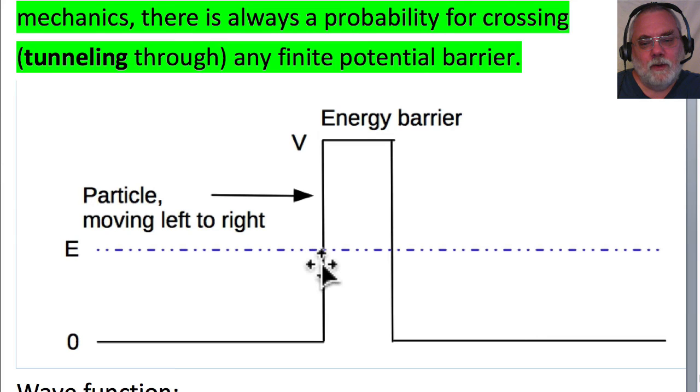And within the barrier, the energy of the particle is lower than the potential energy, and so classically the particle would not be able to be there, but quantum mechanically it can be there. And then we're not quite sure what would happen on the right. If the particle could be on the right, it would again be a free particle, and it would be moving to the right with this amount of kinetic energy, if it can.